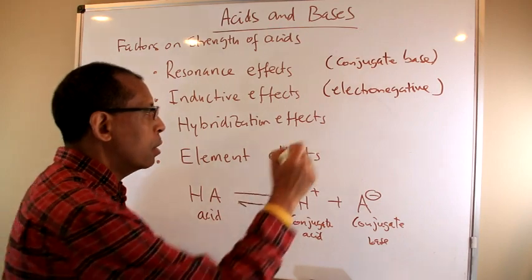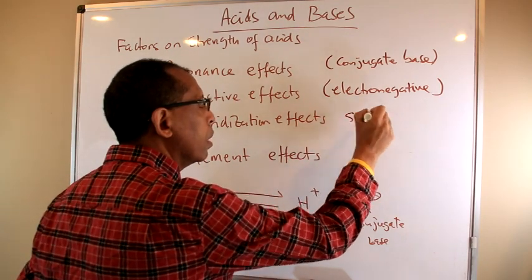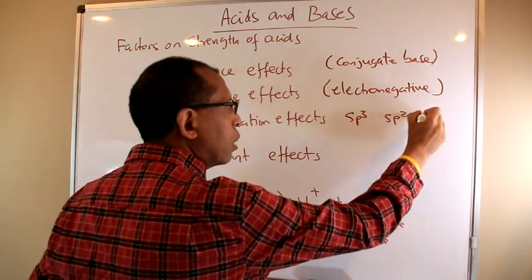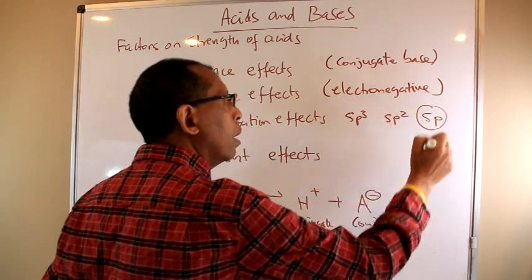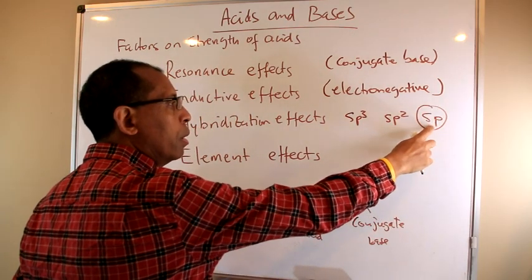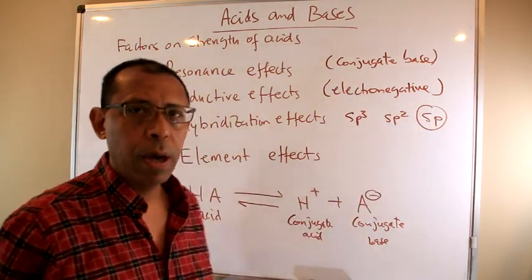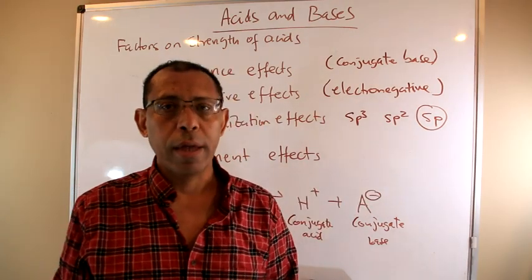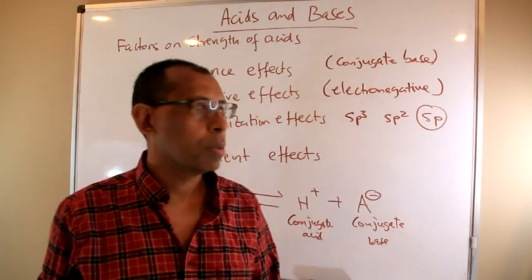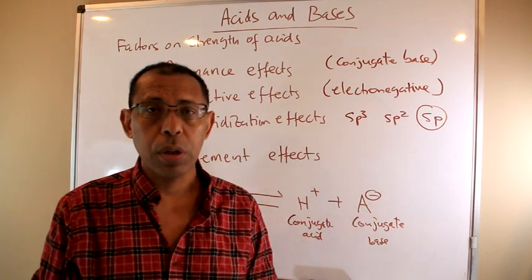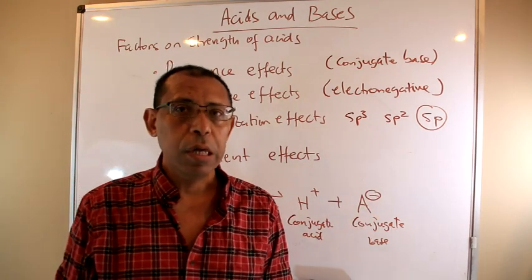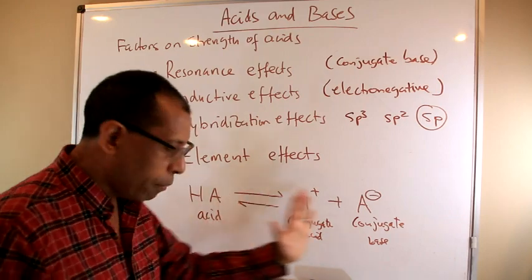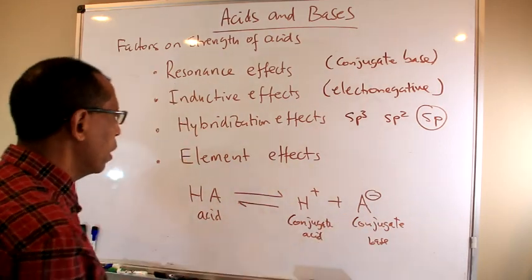So it is sp3, sp2, sp. The most electronegative would be the one which has sp hybridization. That means that is more acidic. So something which contains an sp hybridized orbital would have a stabilizing effect on the conjugate base. Therefore, it would be more acidic because it favors the dissociation of the acid.